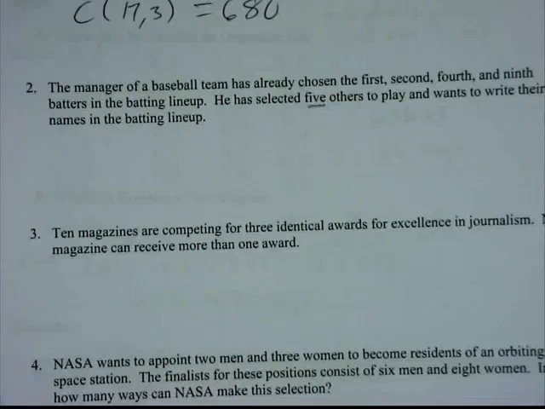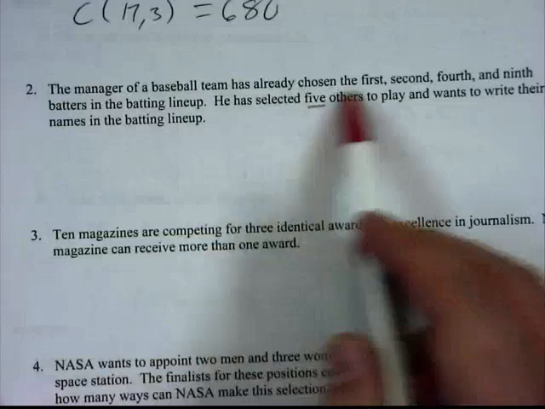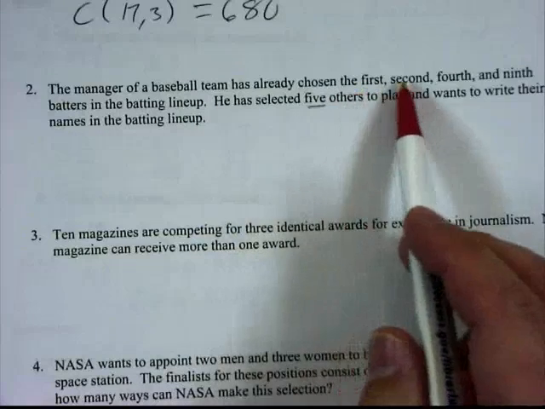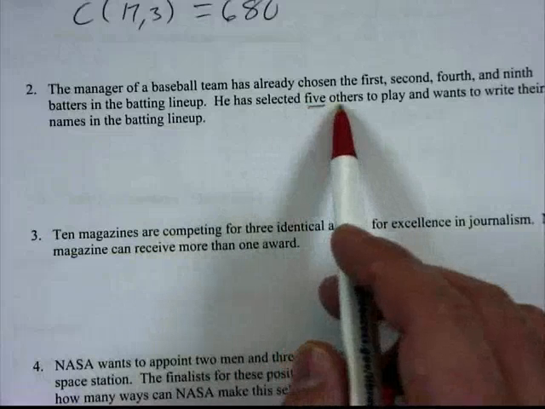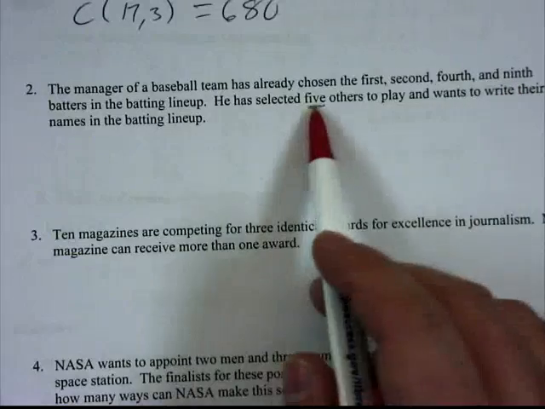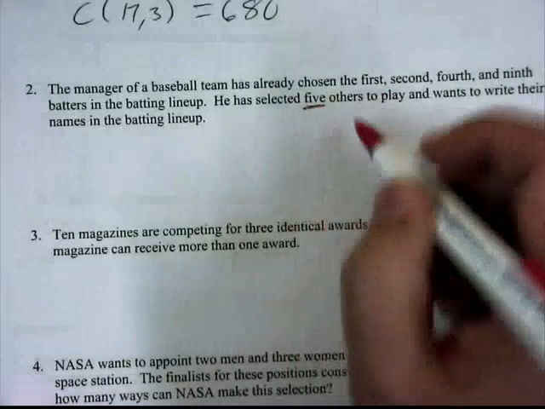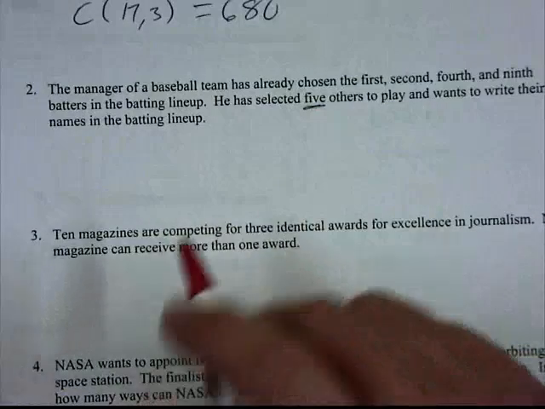Boy, I wrote this poorly, didn't I? So, the manager of a baseball team has chosen first, second, fourth, and ninth, and he has selected 5 others to play. So we've got 4 slots chosen, and okay, I see what I'm saying. And we've got 5 others that are going to take those other 5 slots.